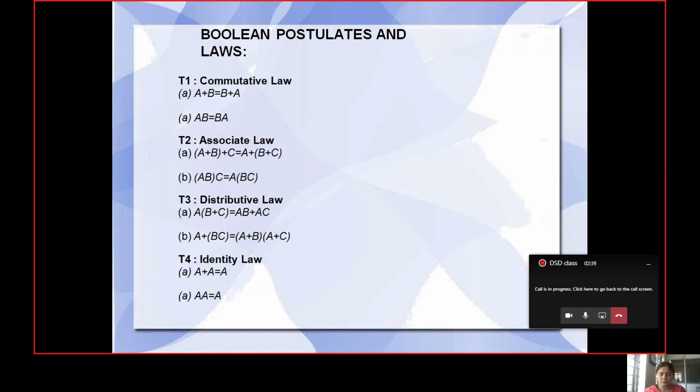If you have two input variables, you will have 2 raised to 2, that is 4 combinations.